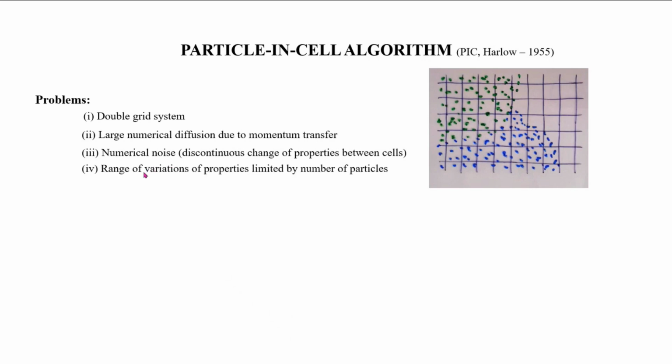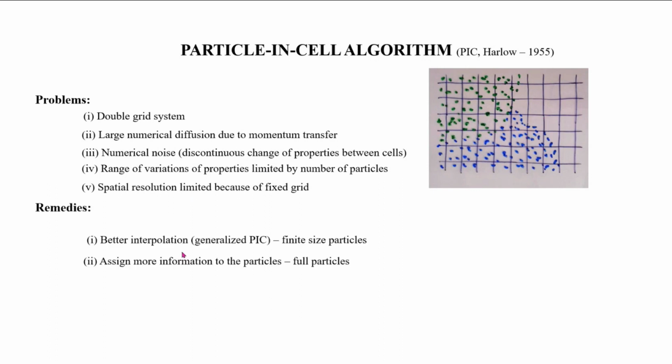And the range of variation of properties I can simulate is limited by the number of particles. I could have millions of particles, but it's not practical. So I always have a finite number of particles, and this limits my accuracy. And spatial resolution is limited because of the fixed grid. I can have a very small grid, but again, this increases the cost of computations.